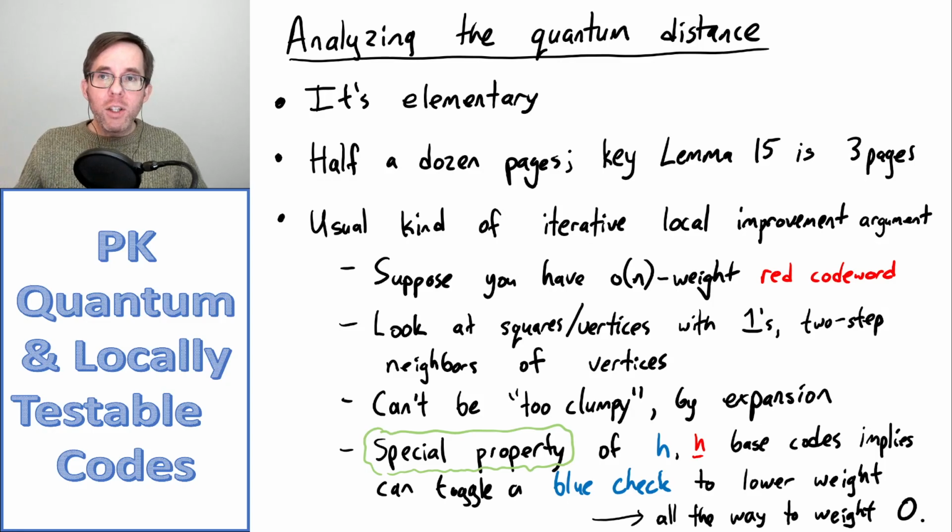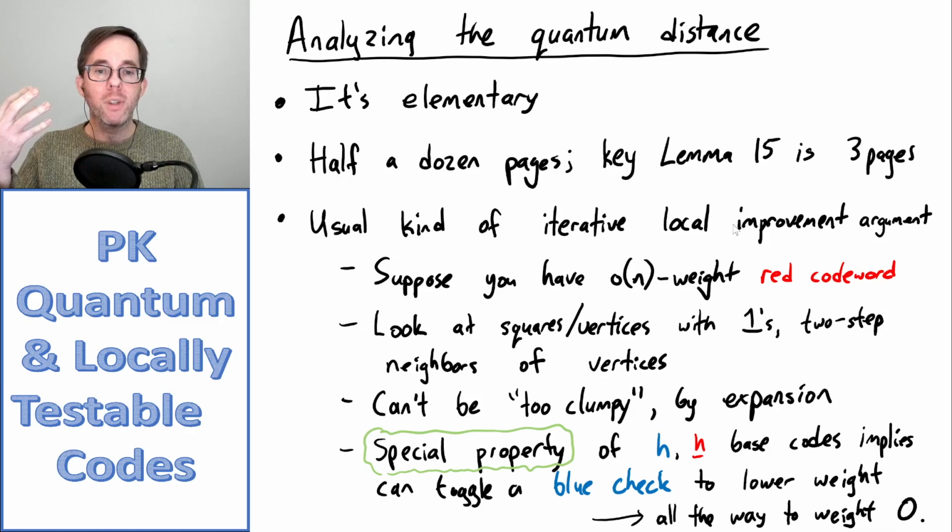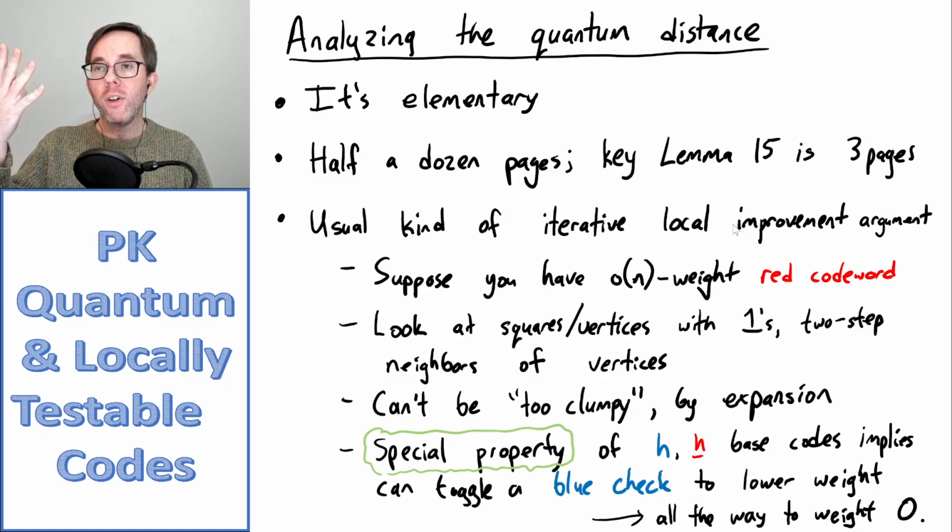It's a Sipser-Spielman flavor analysis. If you have this red code word of weight little o of n, it means you have a small enough collection of sites, the vertices and squares, that the expansion properties apply. The expander graph has the property that sets are expanding only if they're sufficiently small compared to n, but we're assuming they're little o of n weight.